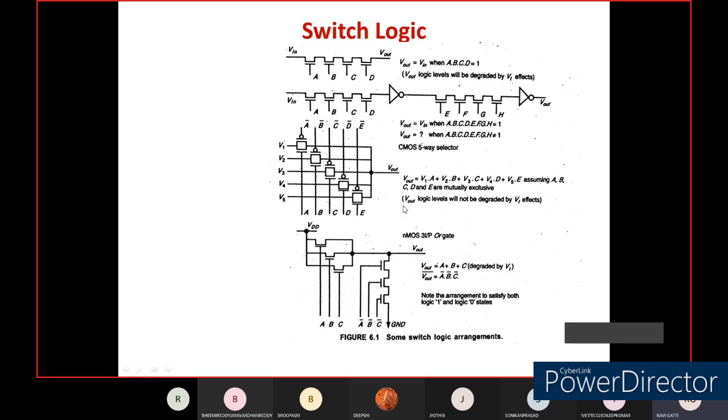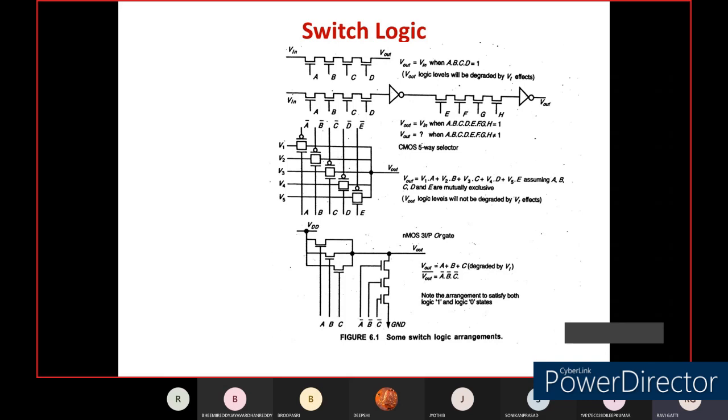You can see here the V out logic level will not be designated by the VT effect. Why? Because you are creating a transmission gate by the use of an NMOS transistor and a PMOS transistor, so at any instant of time, either both transistors will be on or both will be off.